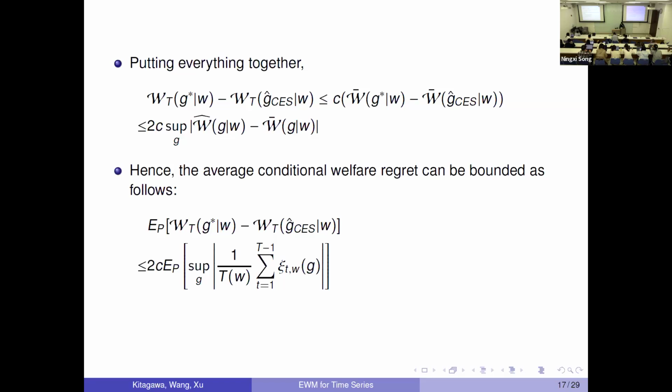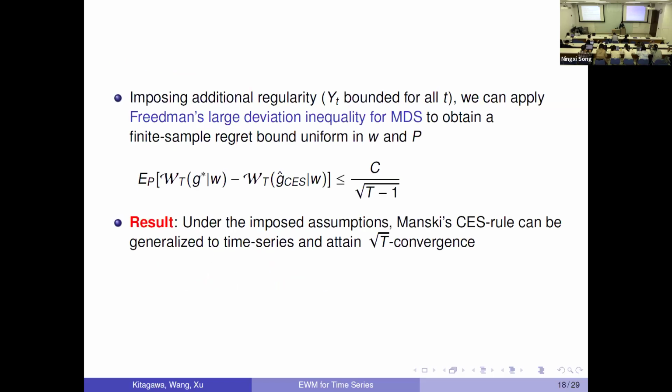And this difference, as we've shown on the previous page, can be expressed as an average of a martingale difference sequence. So we can show this result for the simplified model. Basically the result is, under the imposed assumptions, Manski's conditional empirical success rule can be generalized to time series and attain a roughly square root T convergence rate.